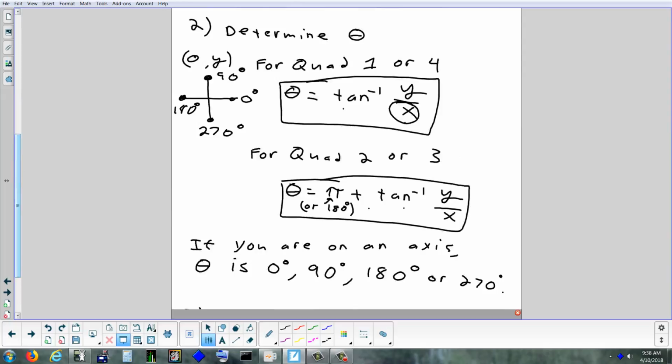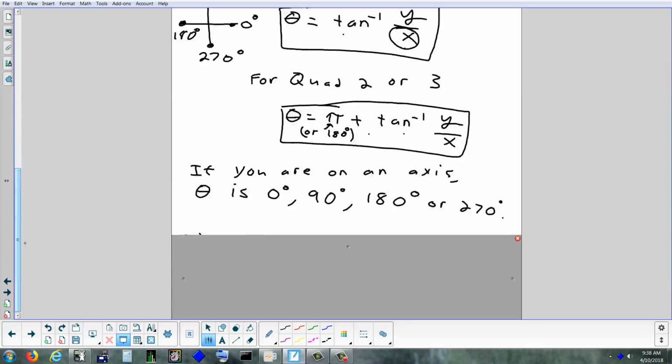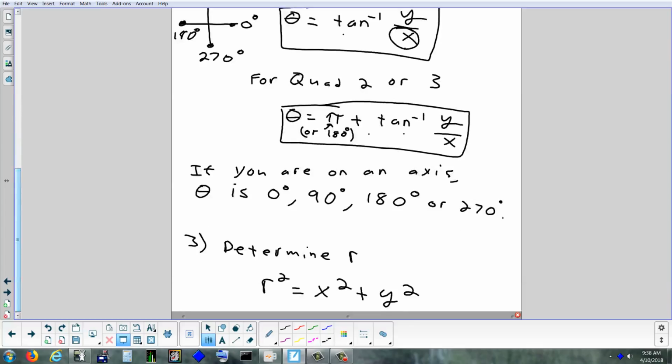Either the x or the y is 0. So if the x or the y is a 0, you're looking at one of these 4 answers: 0, 90, 180, 270. Otherwise, if you're in a quadrant, there's your formulas. And then the last thing is to find r, which we already said earlier was the Pythagorean theorem. Technically, if you want to do r first, you can. R and theta are separate, so whichever one you want to do first.